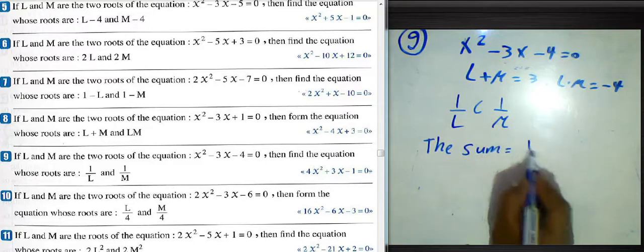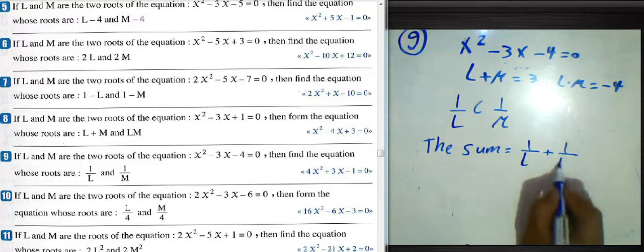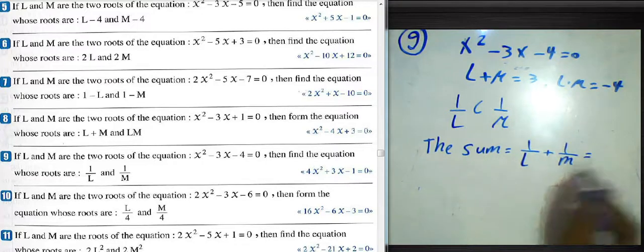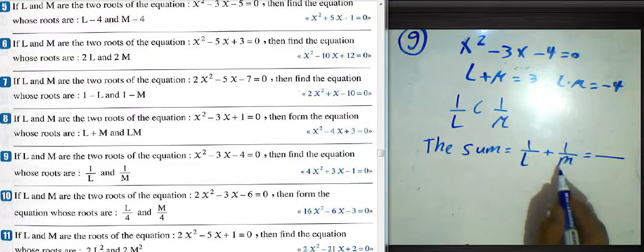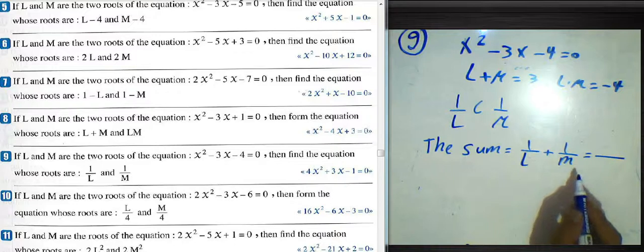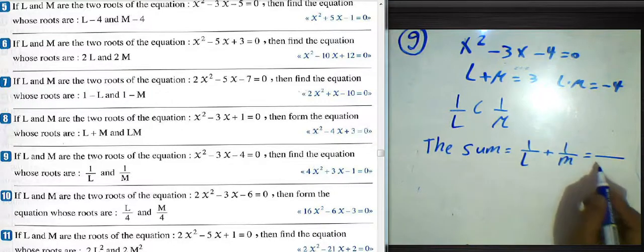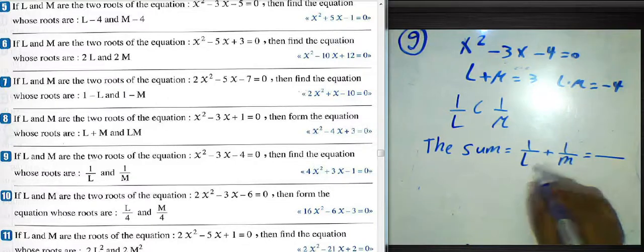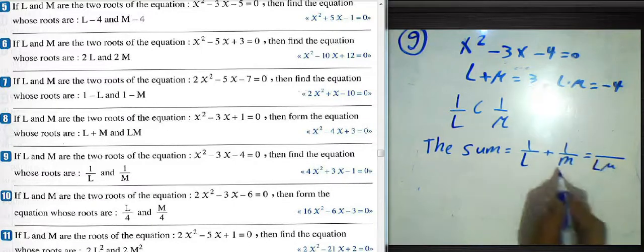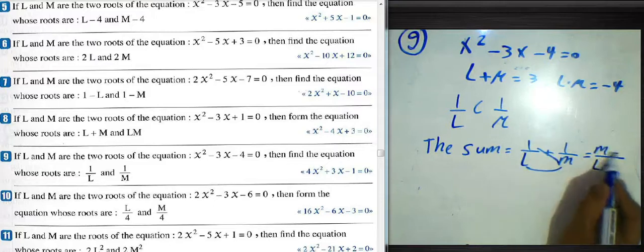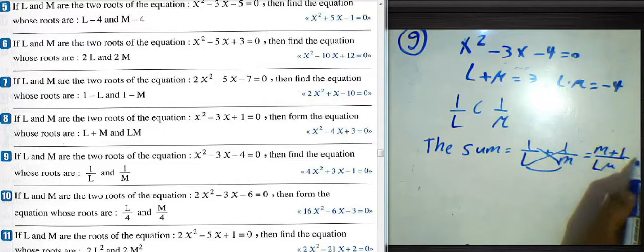Sum equal 1 over L plus 1 over m. Want to find LCM of L and M, or highest common factor. LCM of L and M equal LM, or we can find L multiply M, and M multiply 1 plus L multiply 1 equal L.